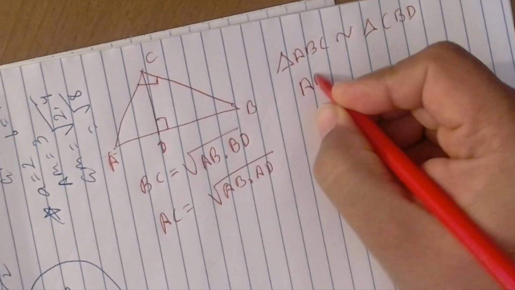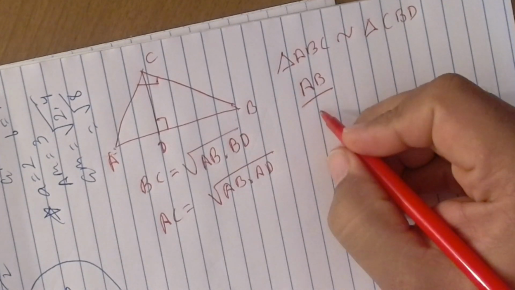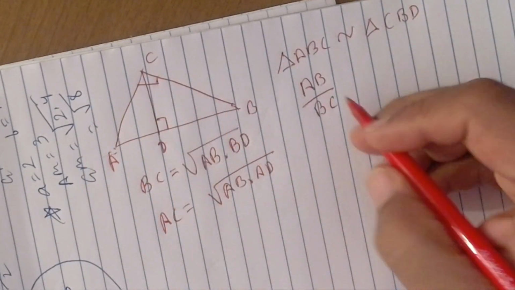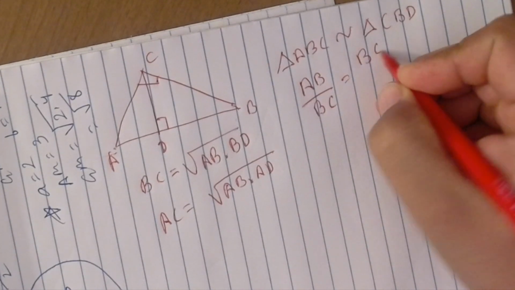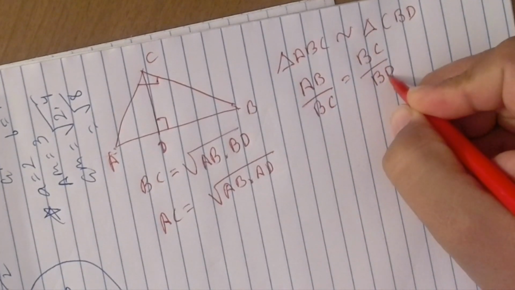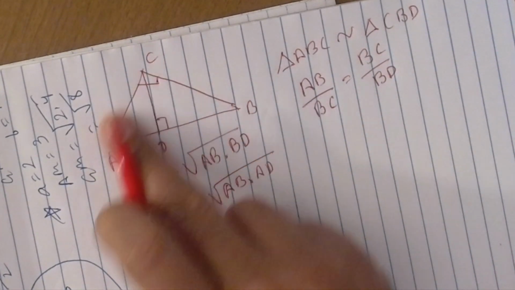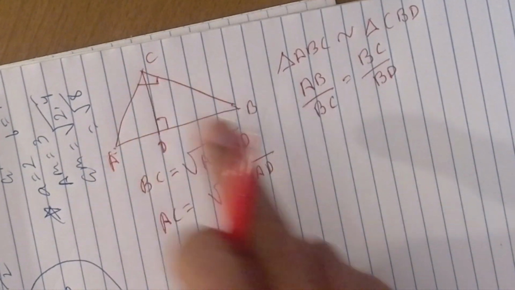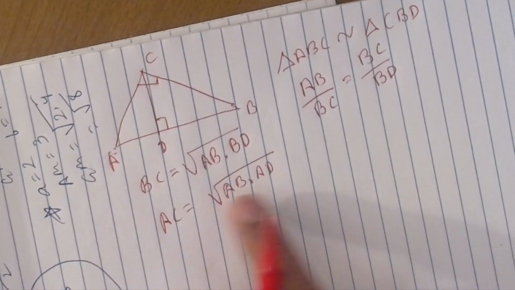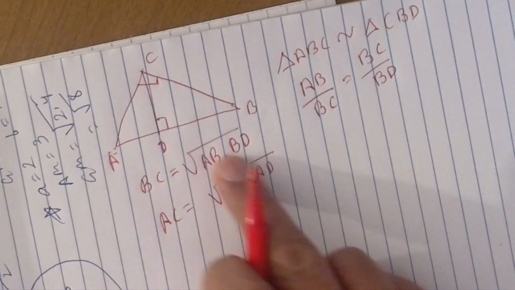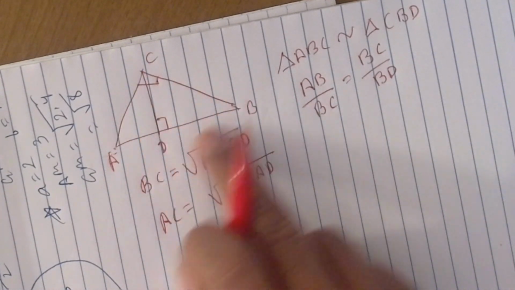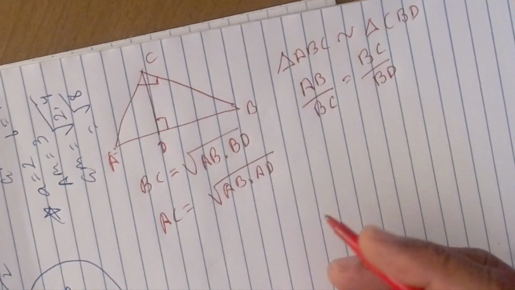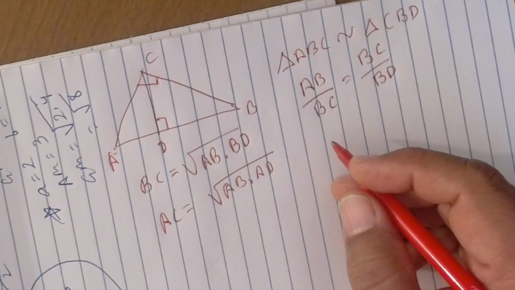Ratio of similitude in a similar triangle is equal. So AB is to BC will be equal to BC is to BD. Take the full triangle: AB is to BC. In the small triangle, what is the hypotenuse? This will be equal to BC is to BD because they are similar triangles. So ratio of similitude will be equal.